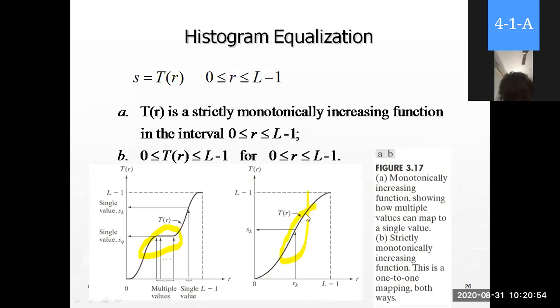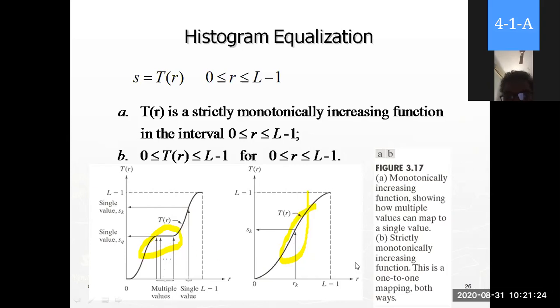But here it is not multiple values; each one has its individual value, S0 to R0, S1 to R1, S2 to R2, like this. Maybe R0, R1, R2, R3, R4 have the same value, S2, so instead of showing many times, we show only one. That is called monotonically increasing.